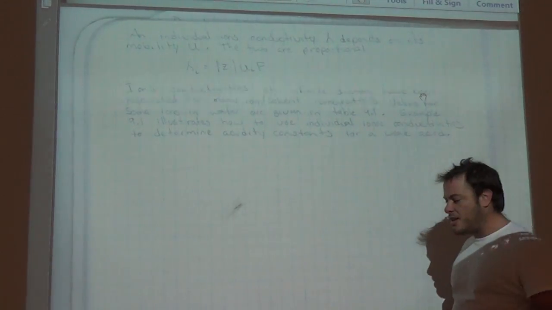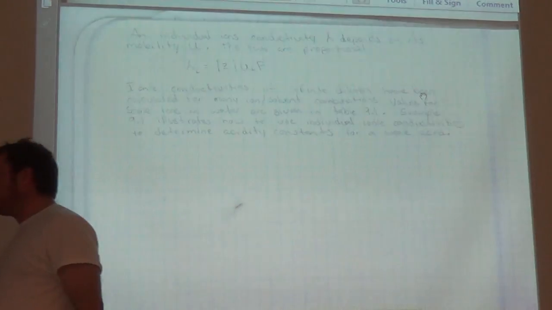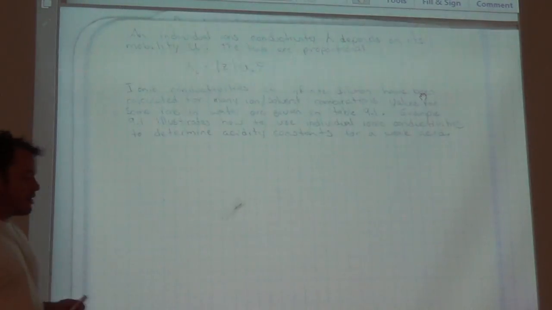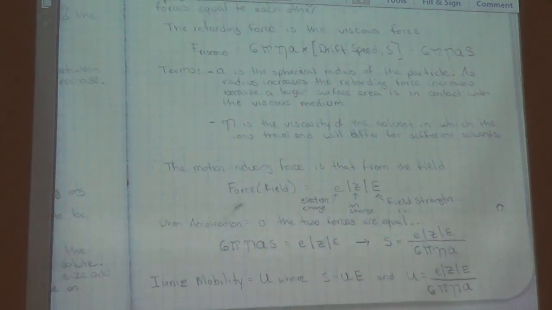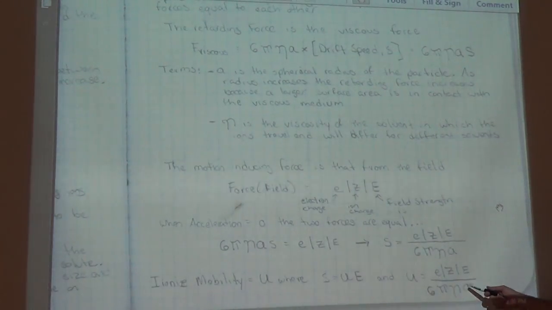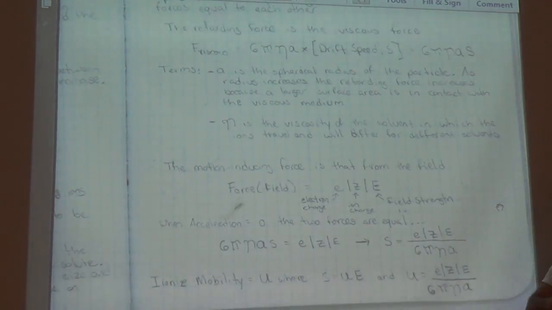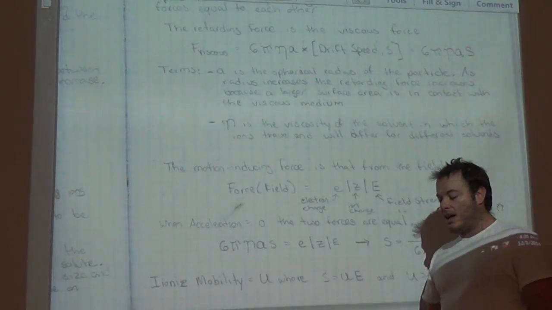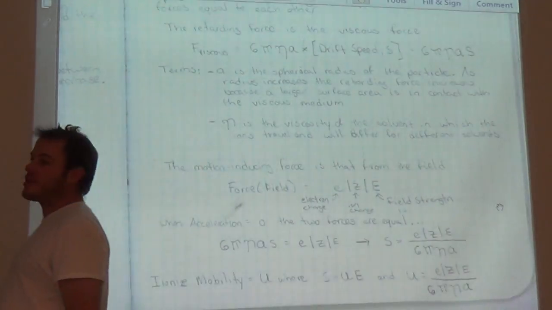One other thing that I wanted to say about this: your book addresses it, or maybe it's a different book that addresses it. It might be your book, you can double check your text to verify. The expression that we derived earlier for the mobility of an ion suggests that mobility will depend on the radius, and that therefore smaller sized ions are going to travel faster than the larger sized ions.